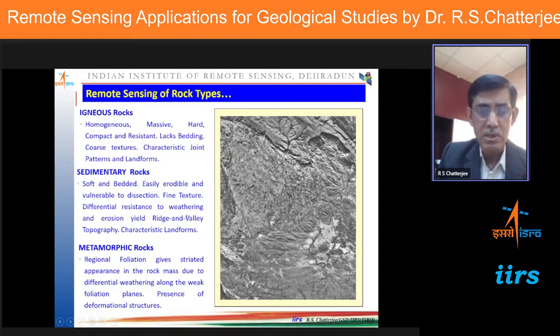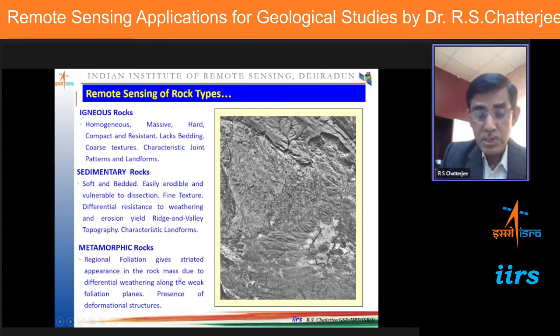different kinds of landforms you can have in sedimentary terrain. Then metamorphic rocks, they are basically formed due to pressure and temperature. And they are formed from the primary rocks only, like igneous rock or sedimentary rocks. When they are subjected to higher pressure and temperature, the minerals are recrystallized, minerals are aligned, some deformation features develop, there is some parallel alignment, and then foliation planes, schistosity planes develop.